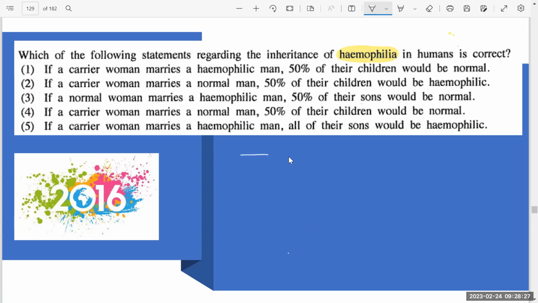For example, if this is a blood vessel and this one is the damage, this place is immediately covered by a small network like this.